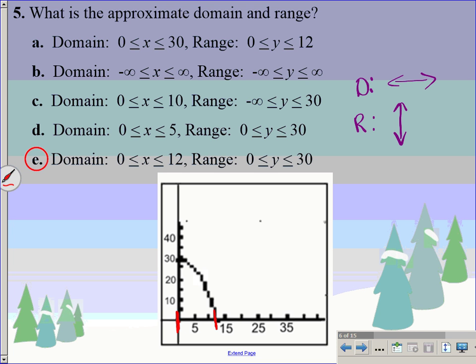So for the domain, that eliminates everything but E. And then let's double check on our range. We go from approximately 0 up to the highest point being 30. And that matches for E as well. So that is your answer there.